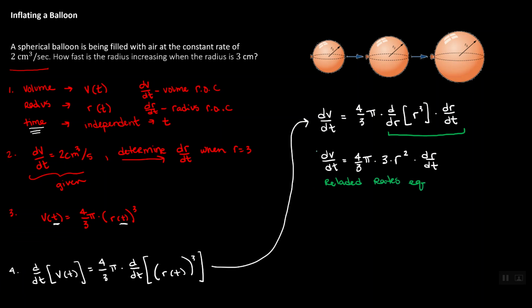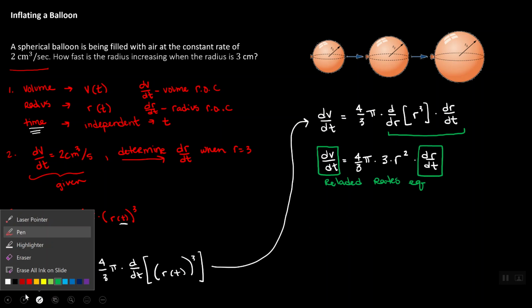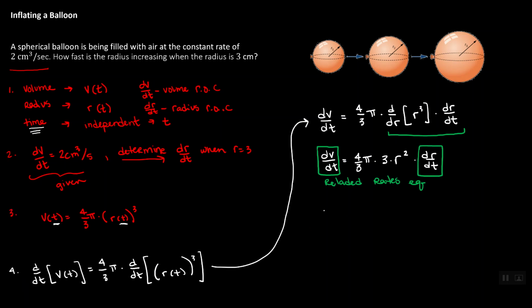Double check in step 4 that you have 2 different rates inside of your related rates equation. That's the whole point of step 4, is to find an equation where you can have both derivatives appear. If you don't have 2 derivatives in there, there's a good chance that you did not use the chain rule in step 4 when taking the derivatives.